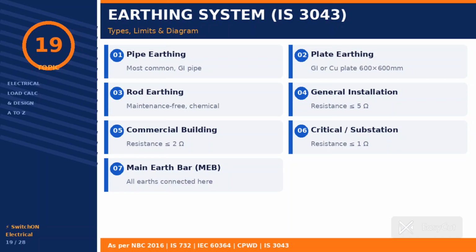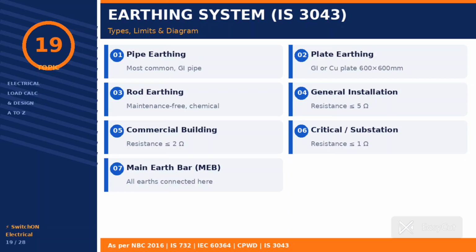Then the next topic is the earthing system. It's a very important and critical topic in the electrical system, because at the end, after installing our electrical installation, we need safety. So earthing system is for safety.